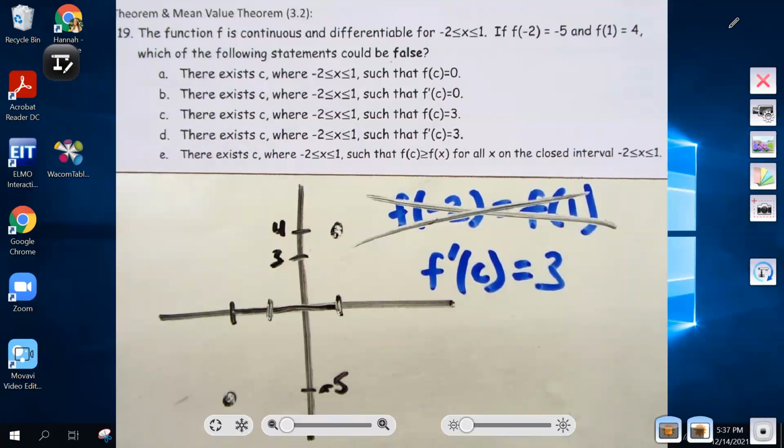Honestly, I've not even looked at part E because I was so caught off guard by part D, and I shouldn't have even been. So let's look at part E. There exists C in the interval such that f of C is greater than or equal to f of x for all x on the closed interval.